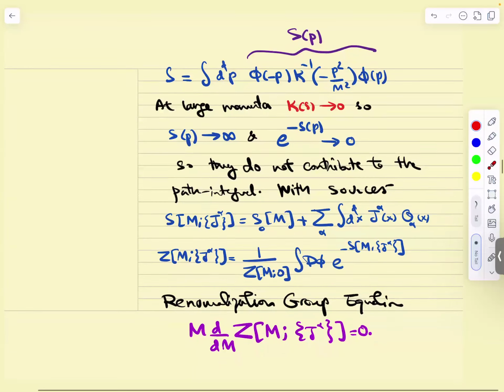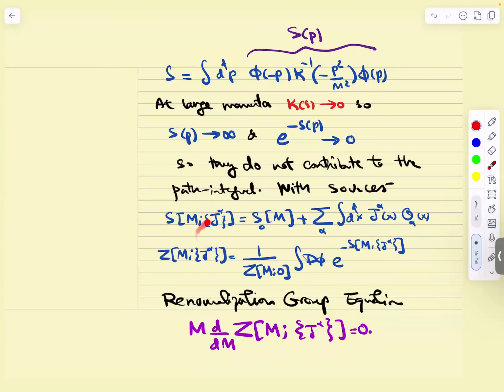Okay. All right, here's what the theory looks like. And the normalization equation is m d/dm of z is 0, as before, right? But previously, here's our k function, K of S. This is K of S for a sharp momentum cutoff.